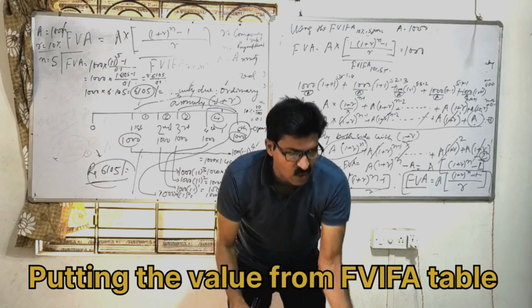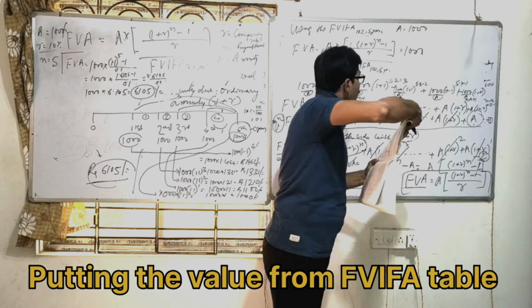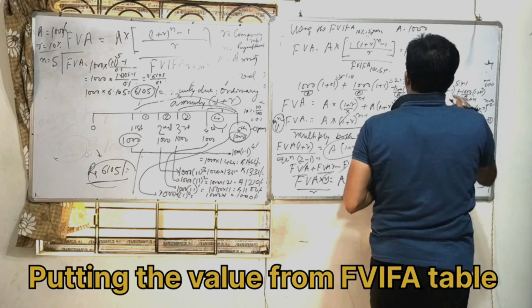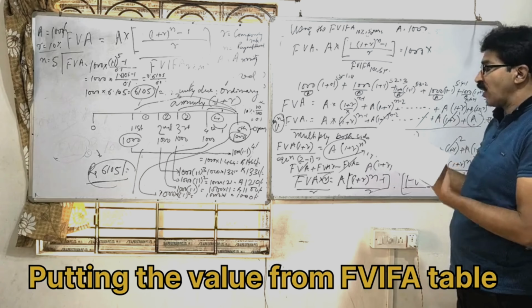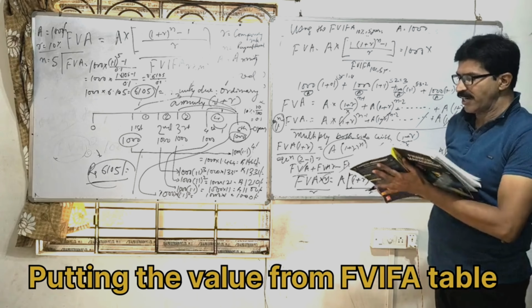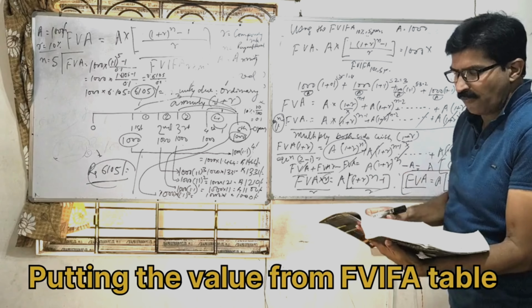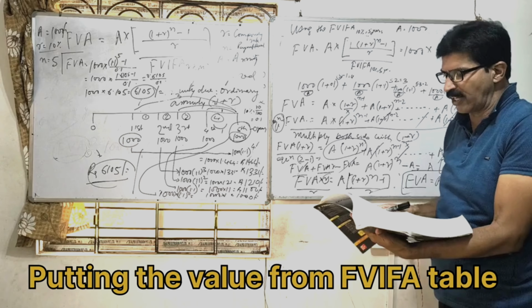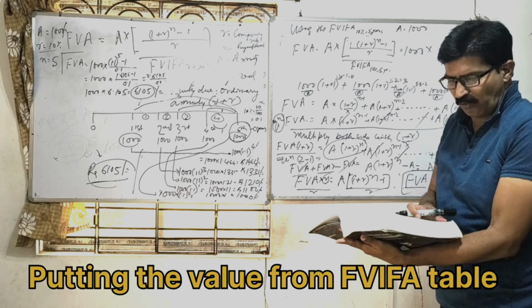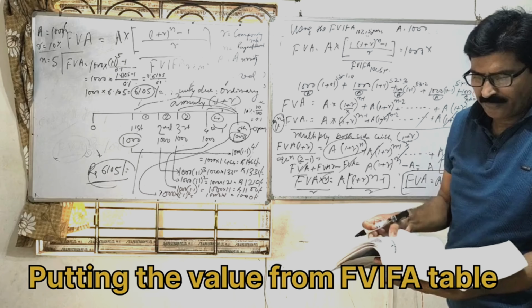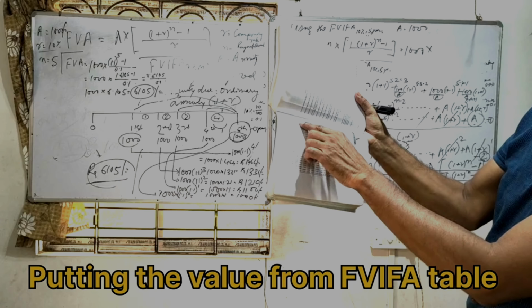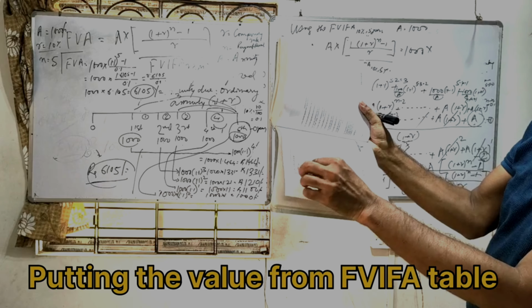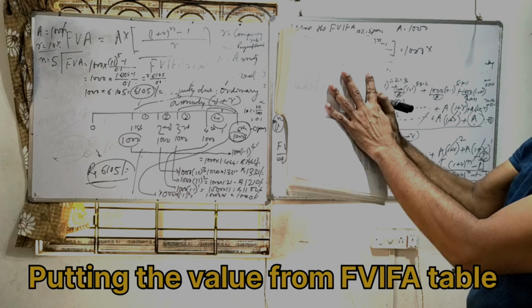So this I will put from the table. I am just showing you. This much is the future value interest factor of annuity from the table. I told you, in the last of every financial management book, you will find the tables. This is the future value interest factor table, FVIF.